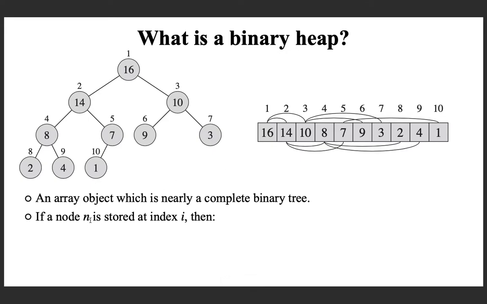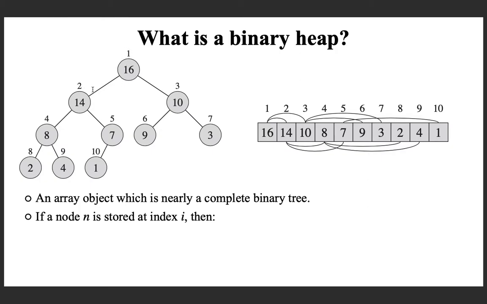If a node, for example 14, is stored at index i, here it is 2, then what can you tell about the index of its left child, which is 4, the index of its right child, which is 5, and the index of its parent, which is 1?